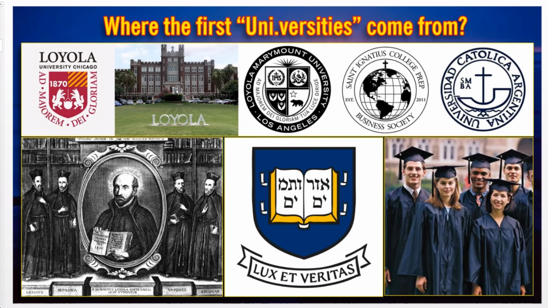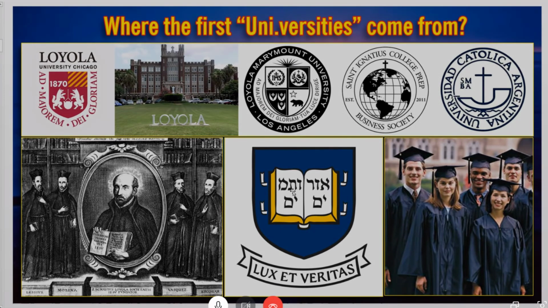And of course, they put the same kind of dress and the same kind of colors. And you have, for example, at Yale University, lux et veritas, light and truth. All these references to the light, to Luciferian situation.